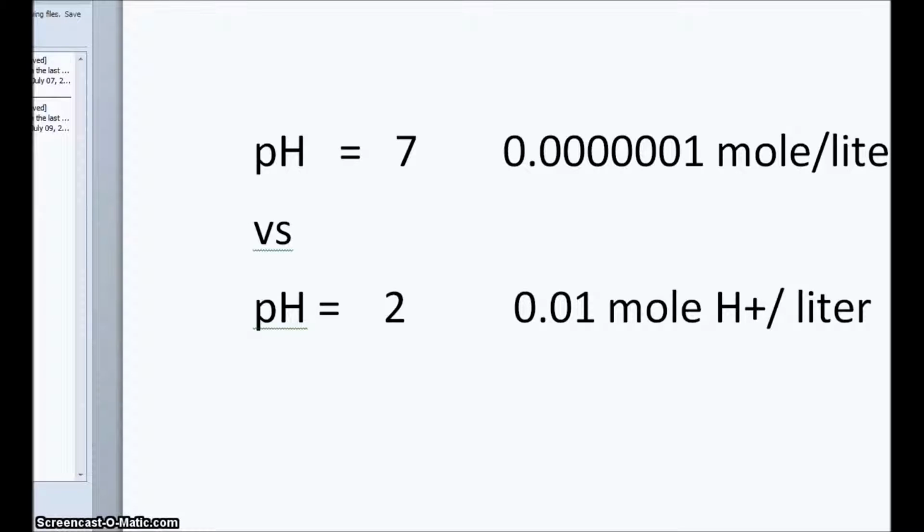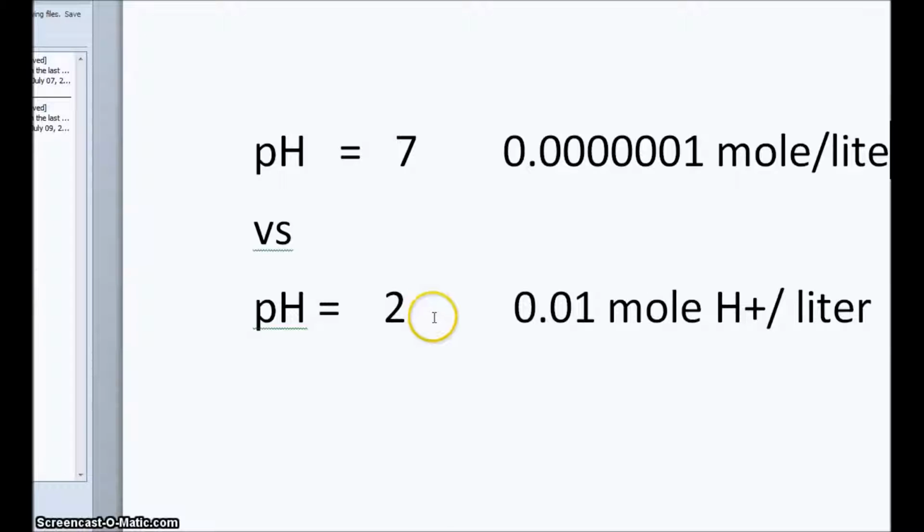Okay? Just ran out of space. Anyway, that's what it is. So you can see that this times Avogadro's number is a much smaller number than 0.01 times Avogadro's number. And this is why pH is so confusing.